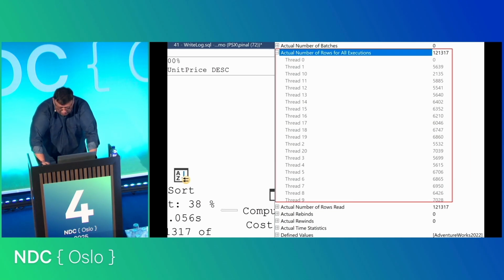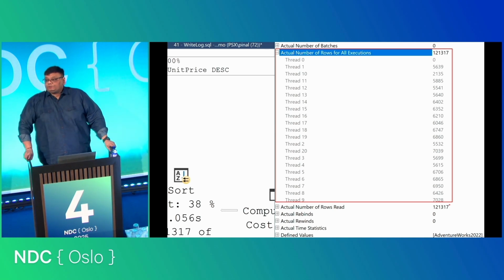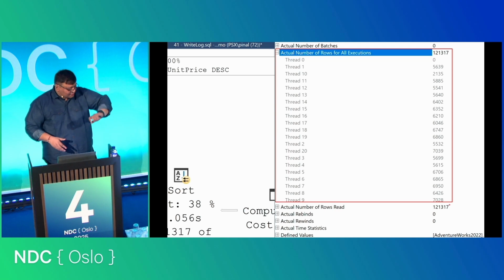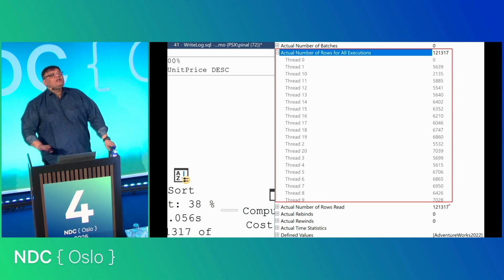Do you see right now that 20 threads are processing my data? That's a good thing, because I have 20 CPUs on my machine, and all the rows are being distributed and processed. Very, very good thing.